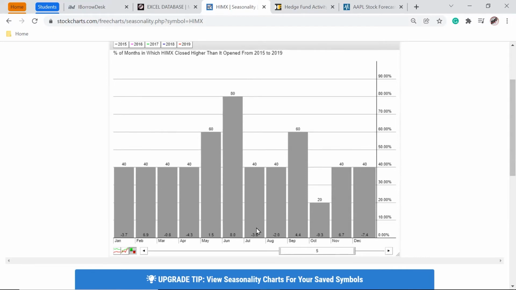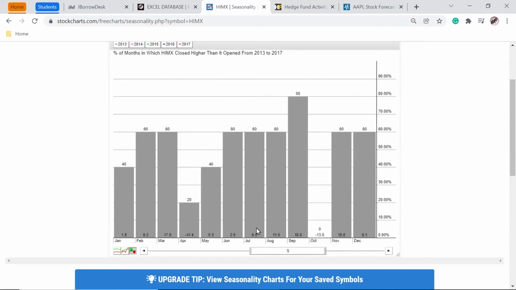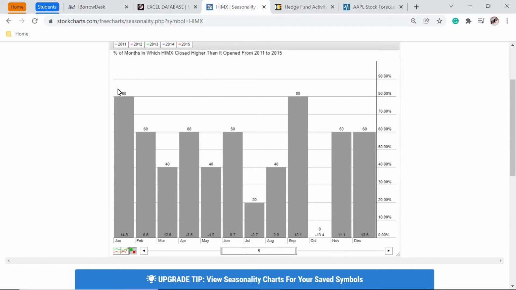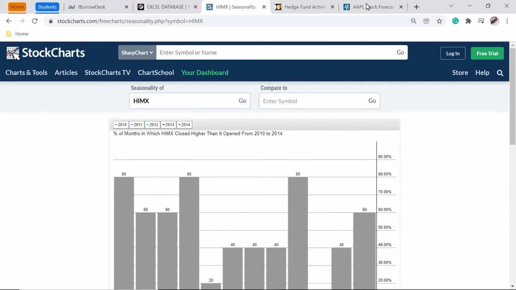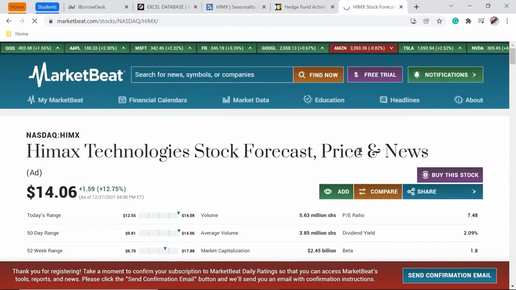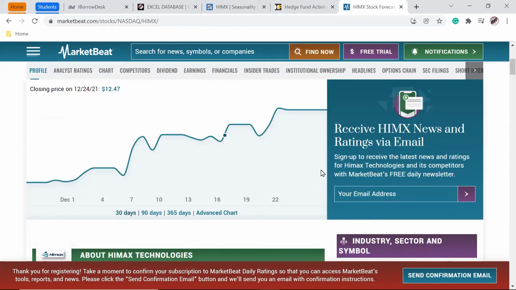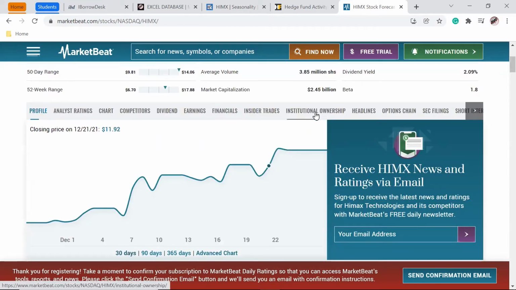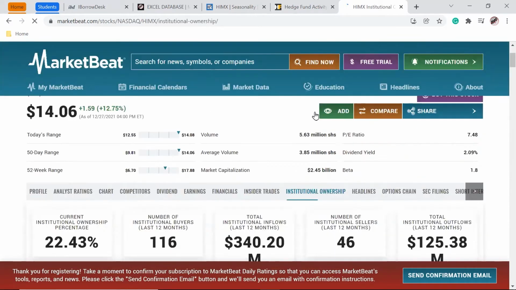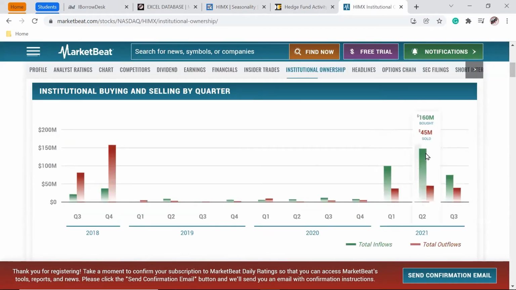Okay, what's this sector? Imaging processing technology. Okay, what are the big guys doing? Take a look. Yeah, not bad.